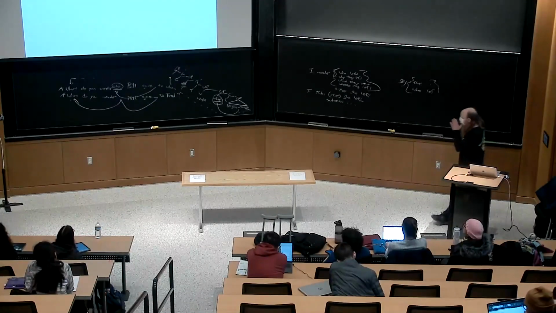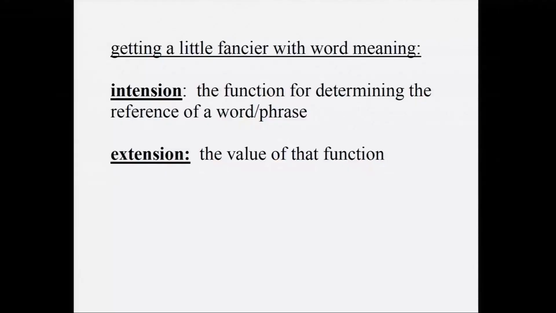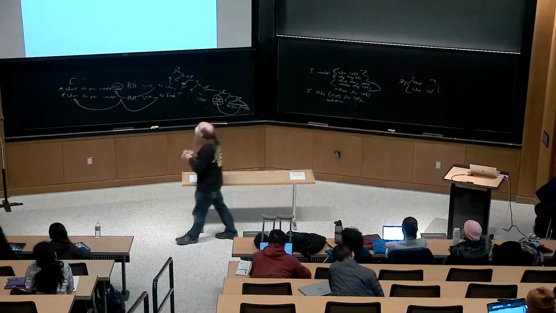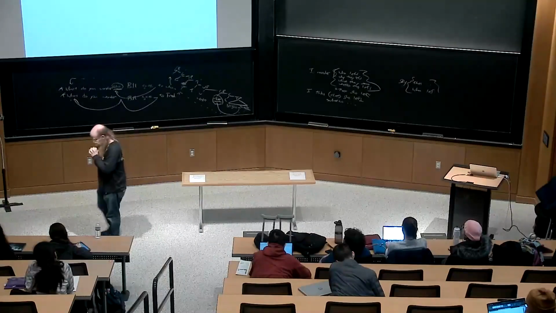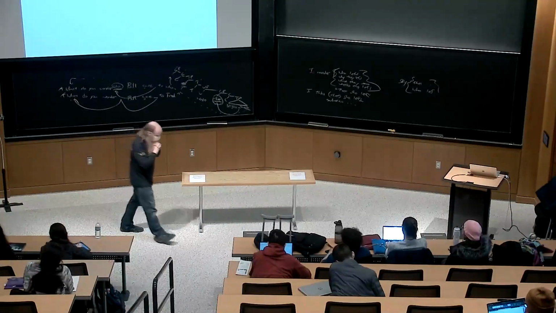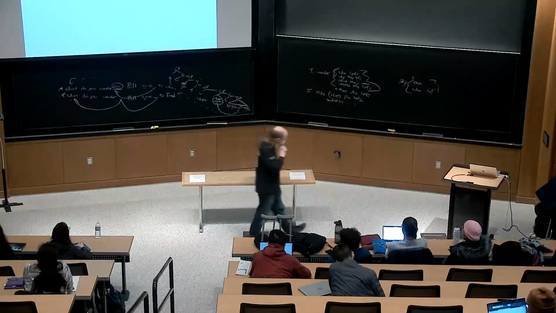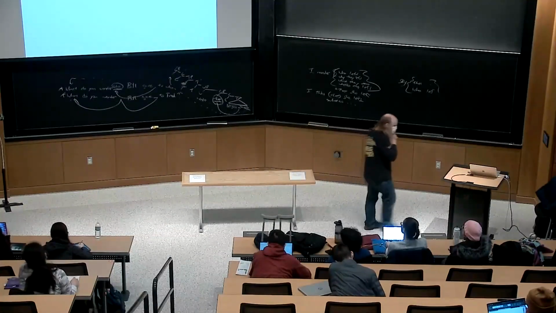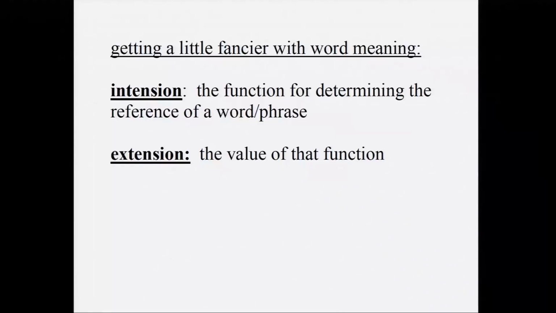Okay. We have to be careful because it's possible to get a little fancier with the meanings of words and phrases. People sometimes talk about what's called the intension and the extension of the meaning of a phrase or a word. Maybe the easiest way to think about this, at least for me, goes like this.